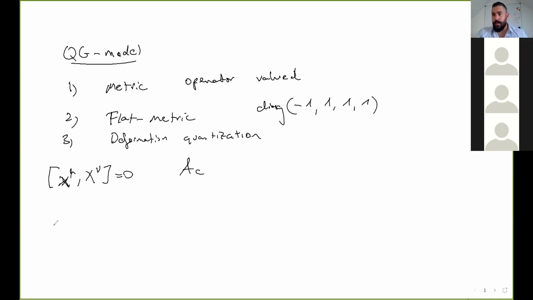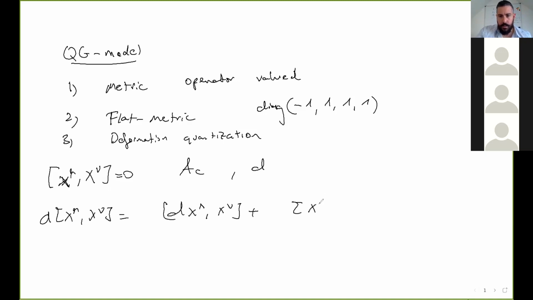And now I use the differential, or the Karoubi operator, the differential operator that we define for the universal differential algebra. So I have a d and I apply it, and I use the Leibniz rule. Now applying d on this gives me dx mu x nu plus x mu dx nu.